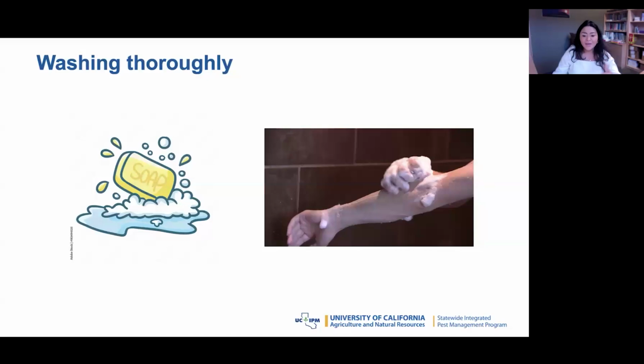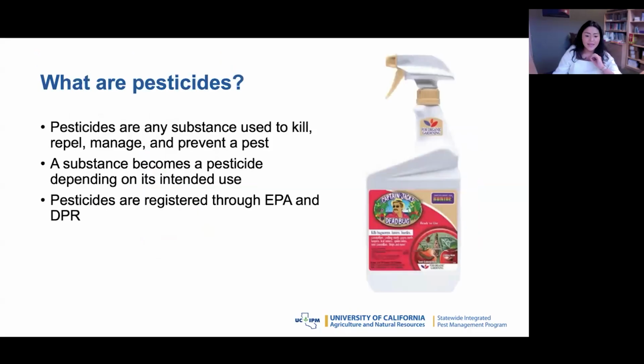Okay, now I'd like to switch gears a little bit, into a more technical aspect, and it's important to define what pesticides are. Even if this talk is about PPE and not necessarily about pesticides as a whole, everything is connected, and it's always a good reminder that pesticides are substances used to kill, repel, manage, or prevent a pest.